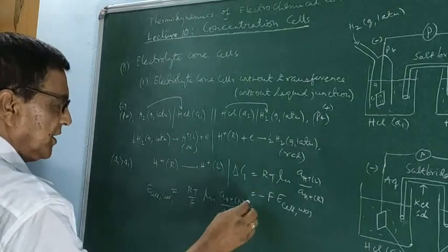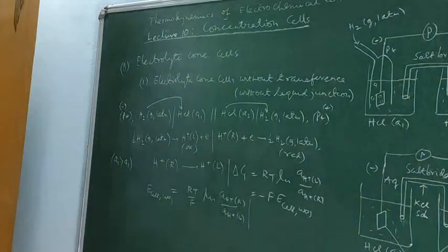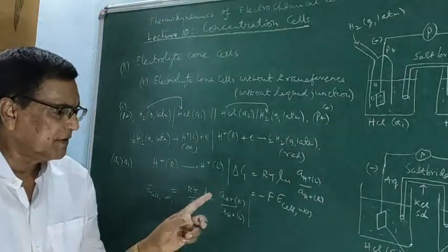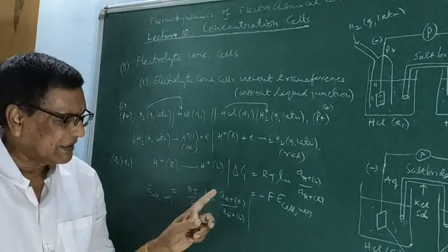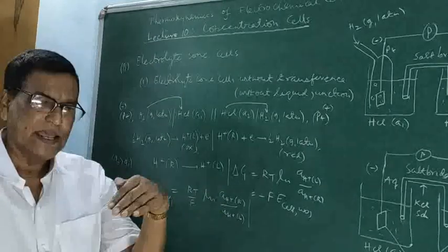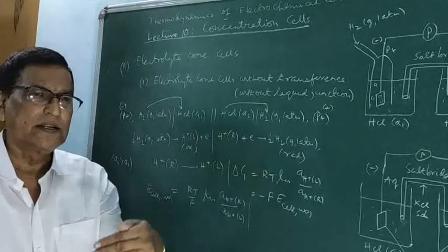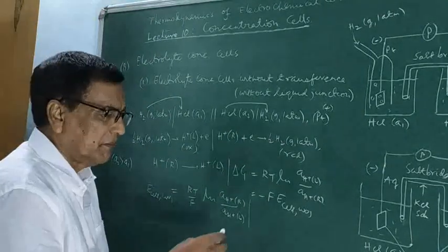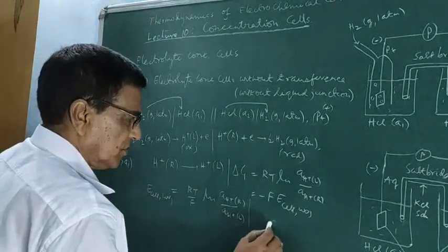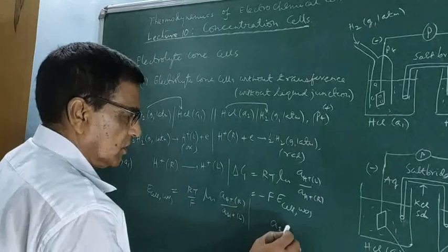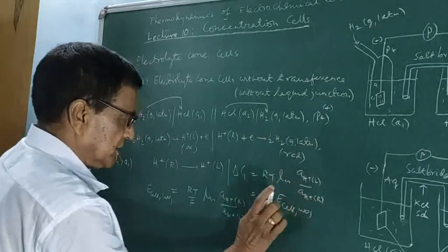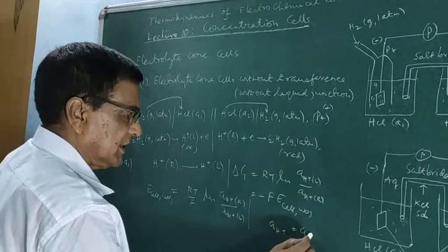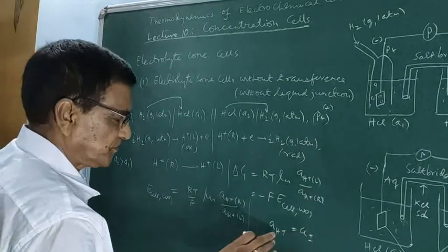But I have already told you that the activity of an individual type of ion does not have much practical relevance. So instead of this, we can write the mean ionic activity.